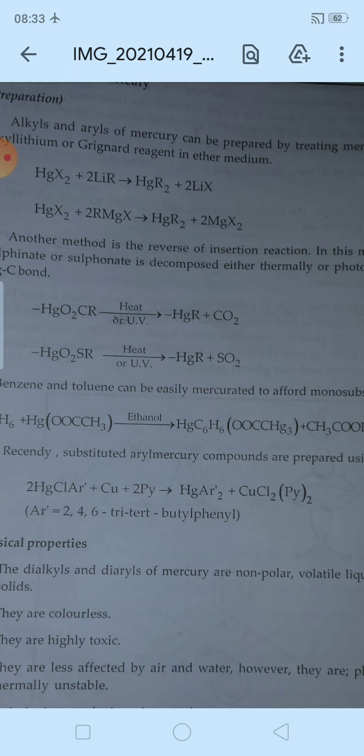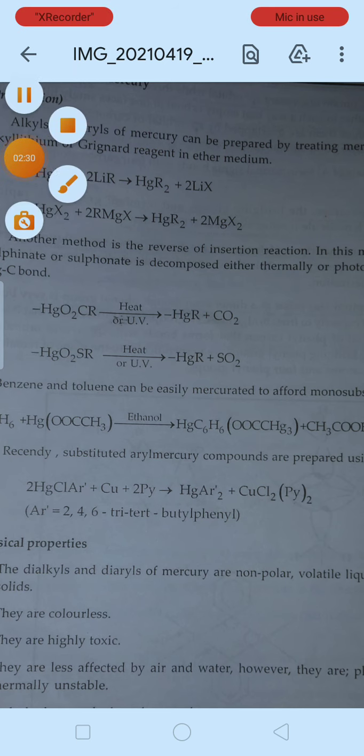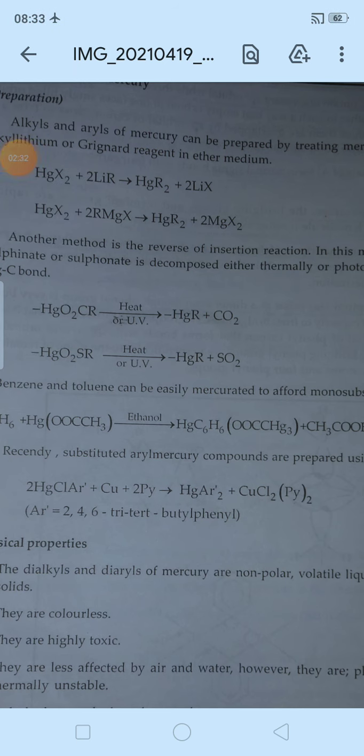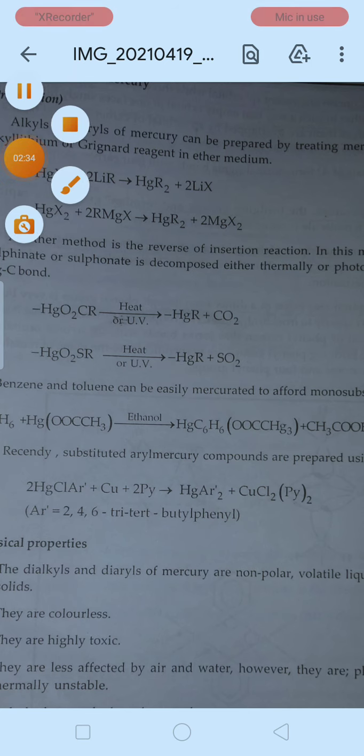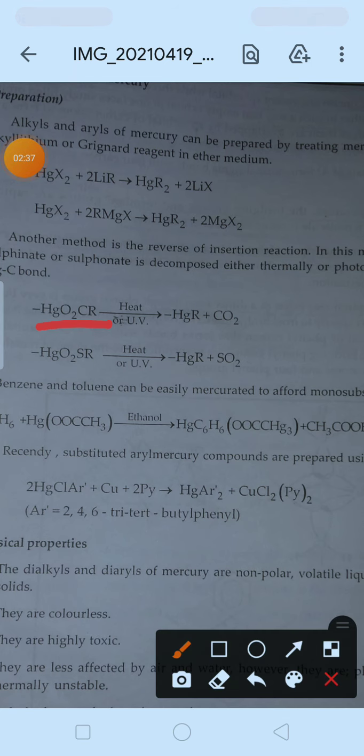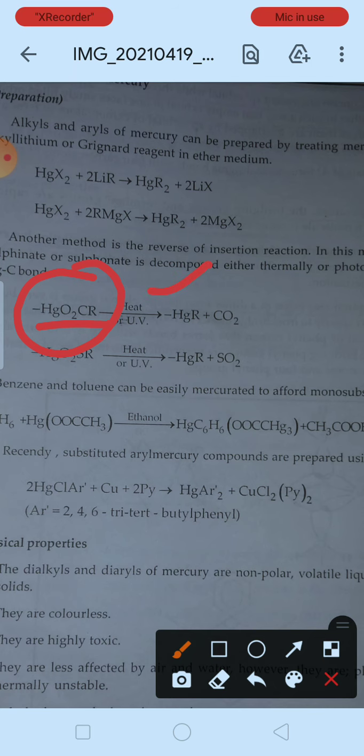Now the second case is a reaction with sulfonates or sulfinates of mercury. It is a big product, and in presence of heat or light this reaction will occur. That's why it is called the reverse of the insertion reaction. In this, the sulfinate or sulfonate of mercury is decomposed either thermally, in presence of heat, or photochemically, in presence of light like UV light.